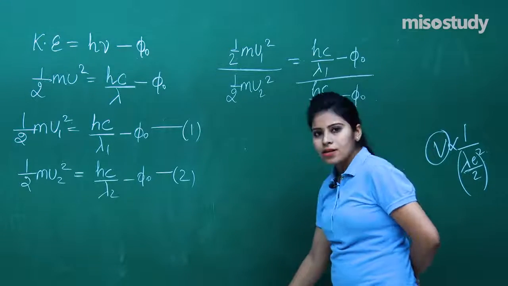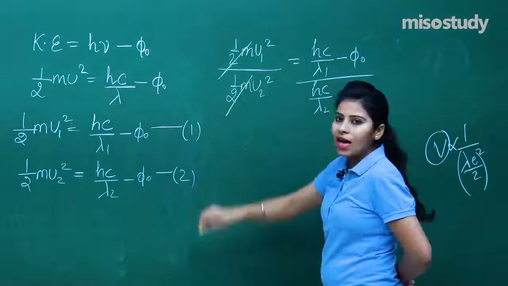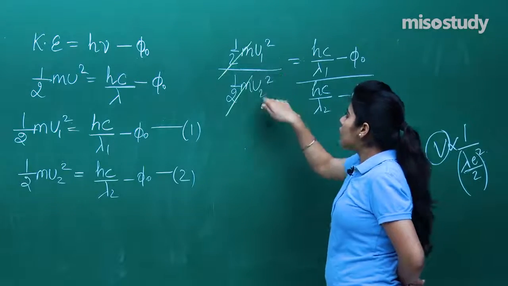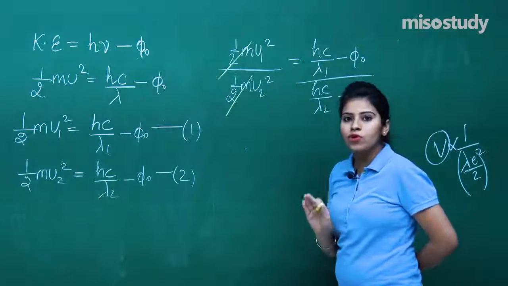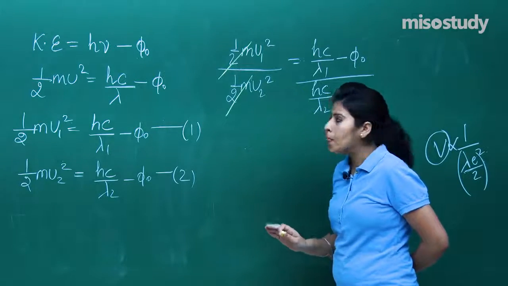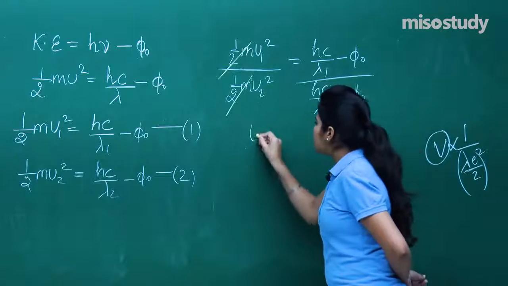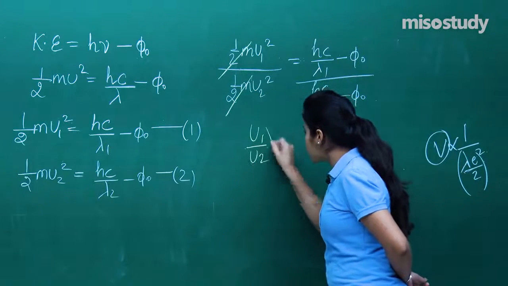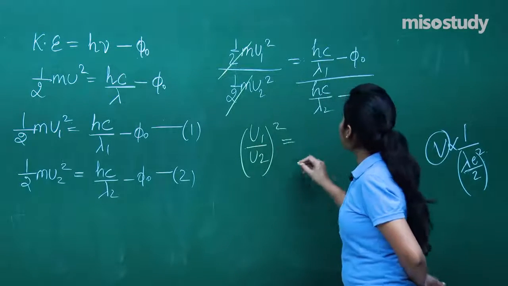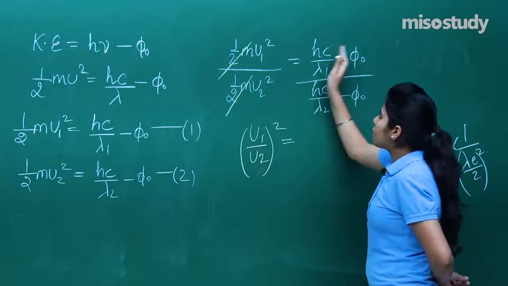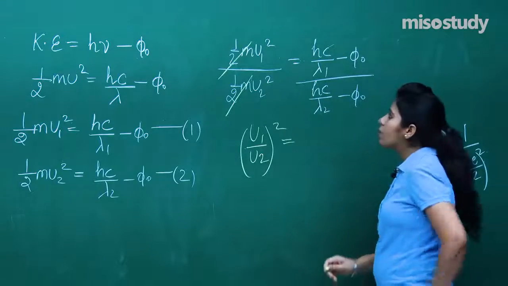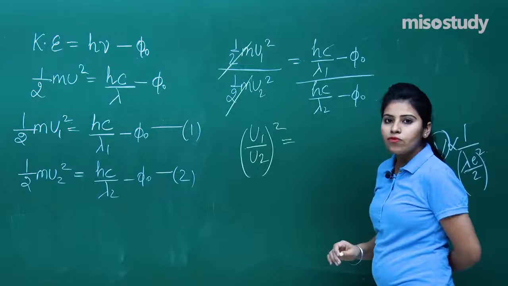You can see here half m cancelled. The ratio of u1 and u2 has been given, but we are having u1 square and u2 square, so u1 by u2 whole square equals hc. If hc is taken common, we can just remove them.